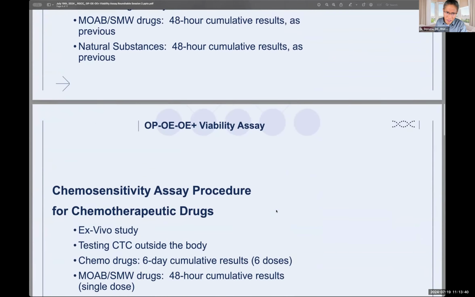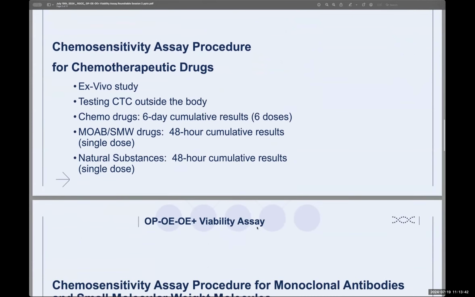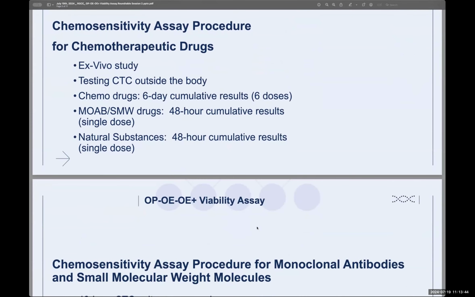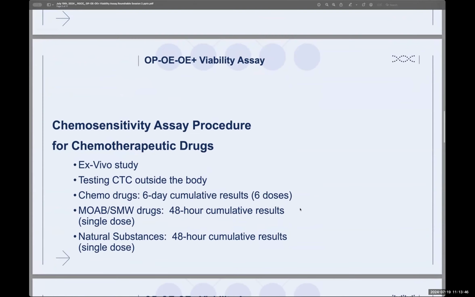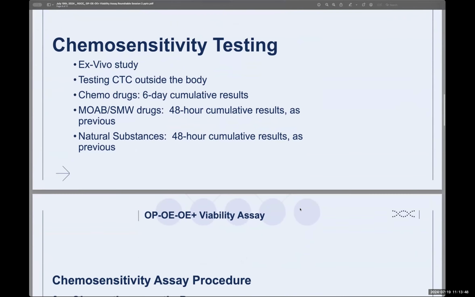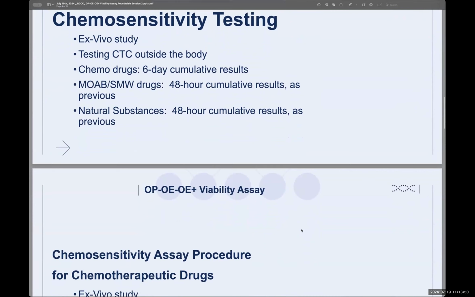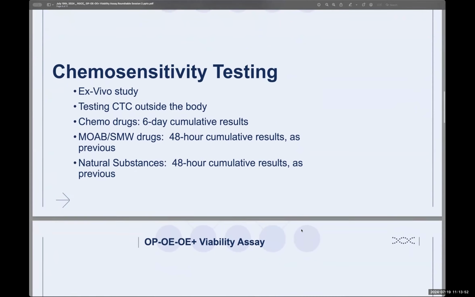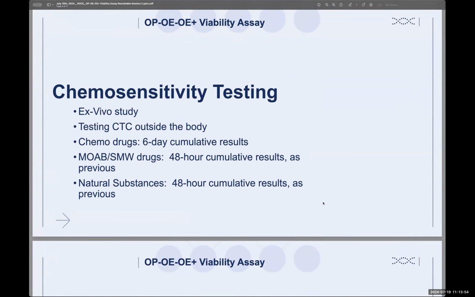May I say something? In relation to that question, I always thought of it like the different chemo drugs having different half-lives. The platins have much longer half-lives. So to check the efficacy of a drug with a longer half-life, you would have to incubate the cells for a longer period of time.